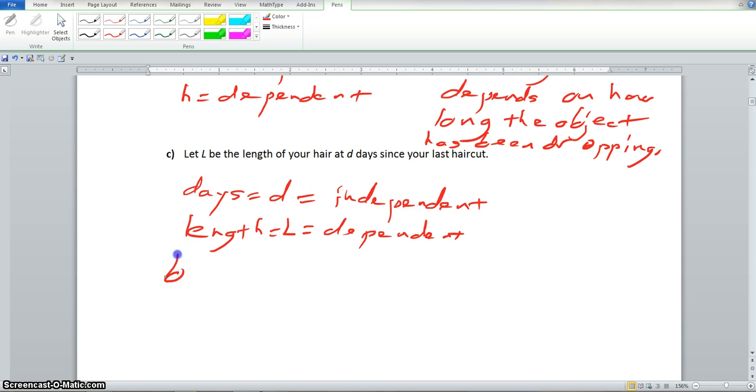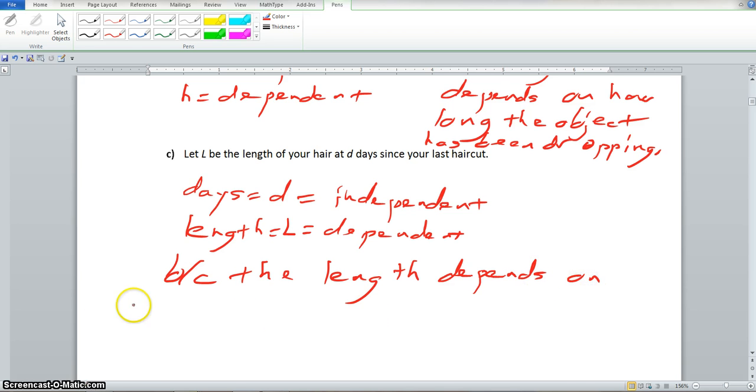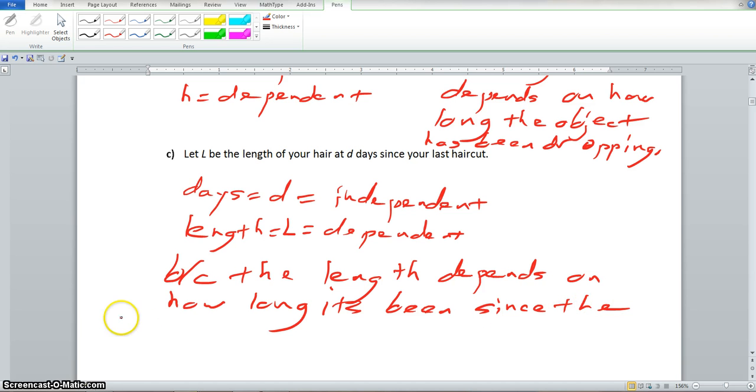And that's because the length depends on how long it's been since the last haircut.